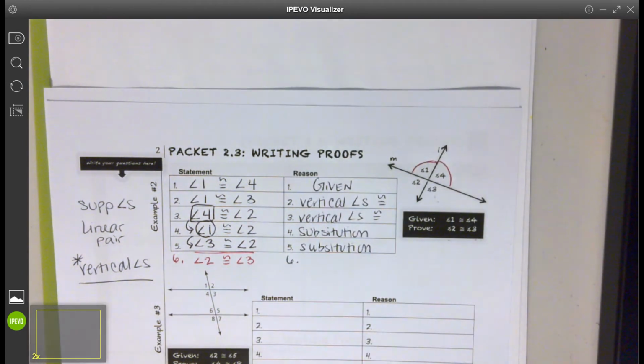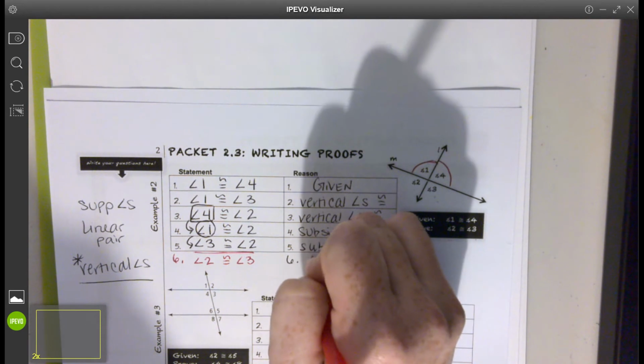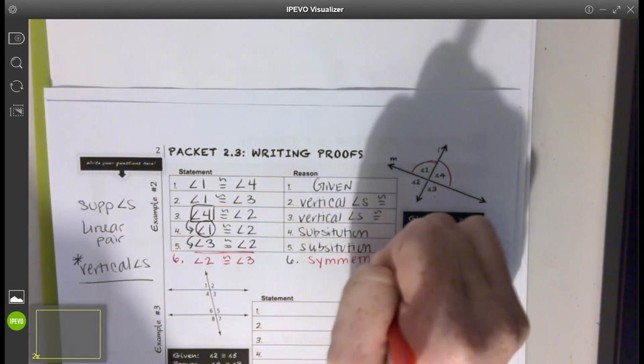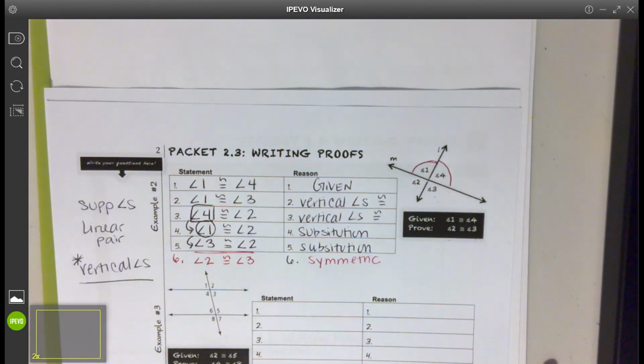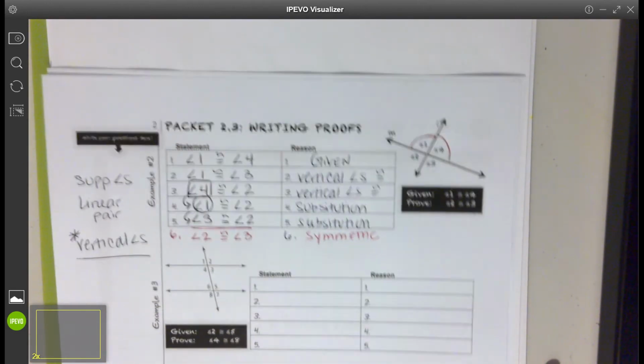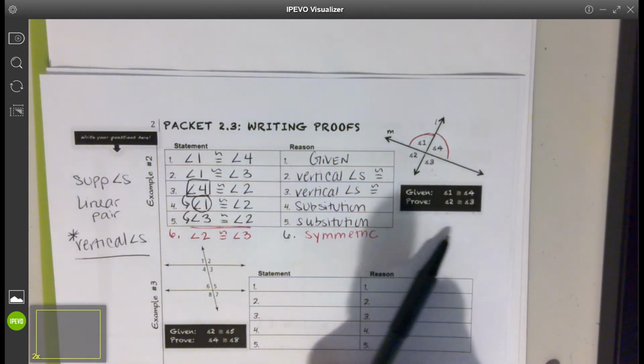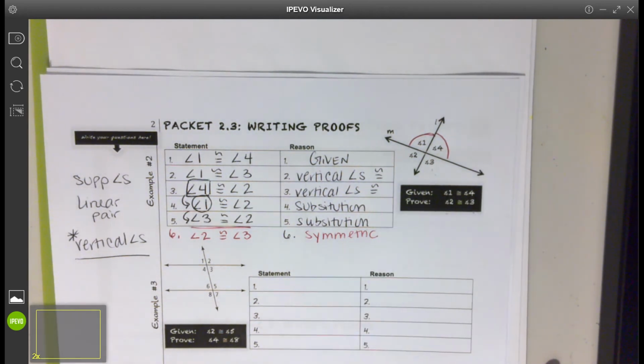And the reason we can write that is that special property of symmetric. We can flip around what we write. And we are done. All right, so we were able to get from angle 1 and angle 4 being congruent to showing that angle 2 and angle 3 are also congruent based on the information provided.